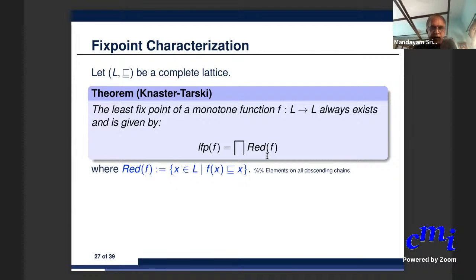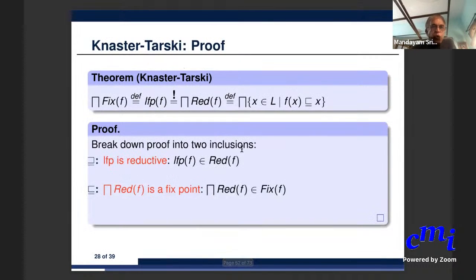Okay, so in order to prove that the greatest lower bound of the reductive set is indeed the least fixed point, that is what I'm going to show you in this proof.